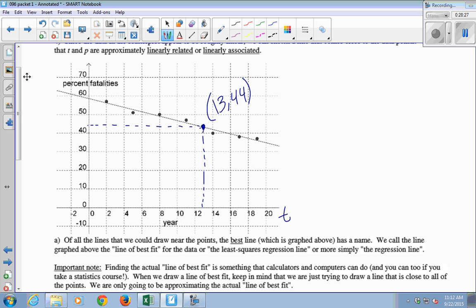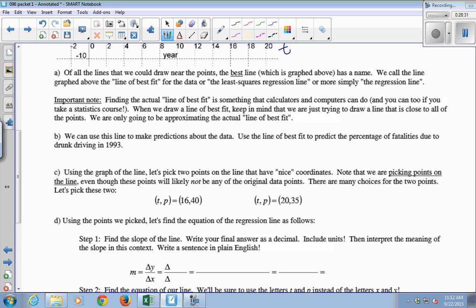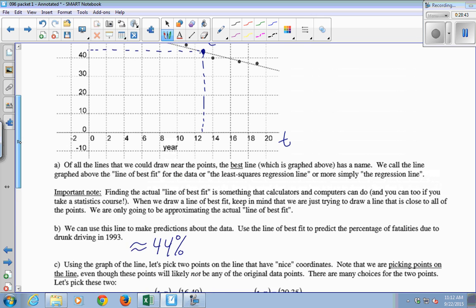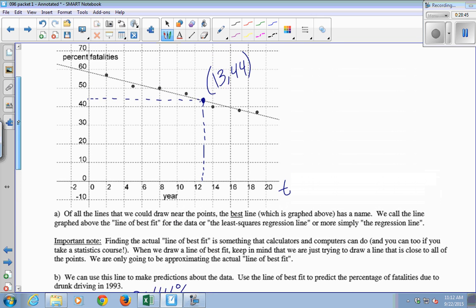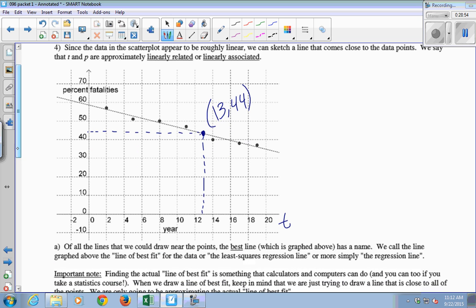So my line of best fit predicts, or estimates, that the percentage of drunk driving fatalities in 1993 is approximately 44%. So the line was useful because I didn't have data for 1993, right? I jumped from 1991 to 1994, so I used the line of best fit to predict what happened in 1993.